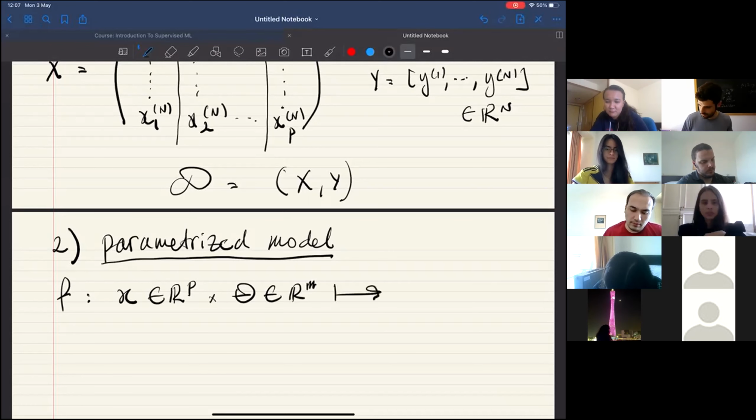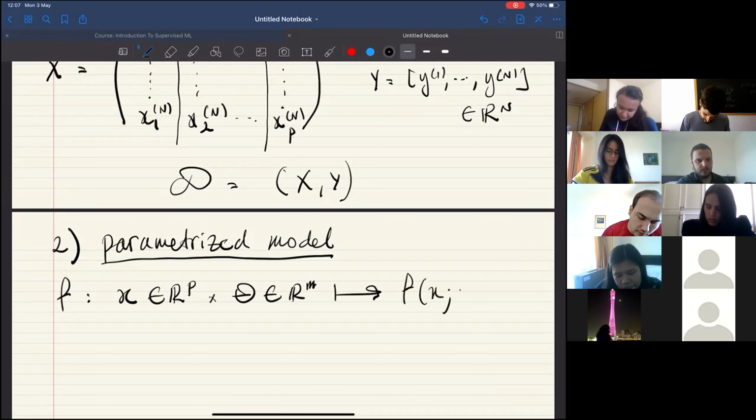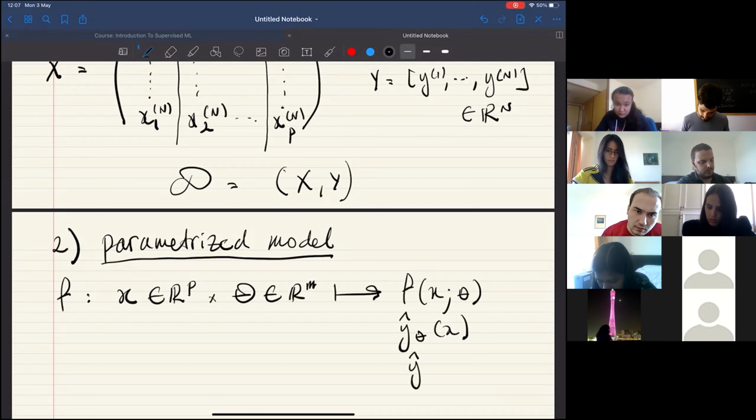And it spits out an estimate, a prediction that I will write as f of x theta, or I will write it y hat theta of x, or simply y hat, if there is no possible confusion.